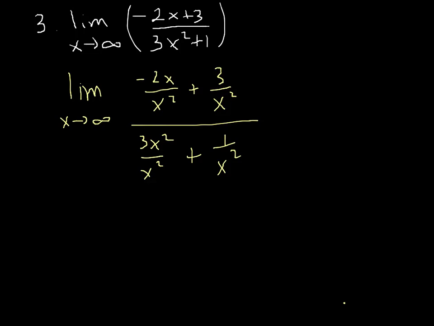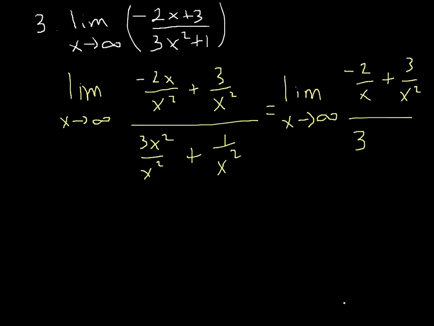Okay. So when we simplify all of that down, limit as x approaches infinity, -2x divided by x² would be -2 over x, plus 3 divided by x², divided by 3 plus 1 over x². Okay.